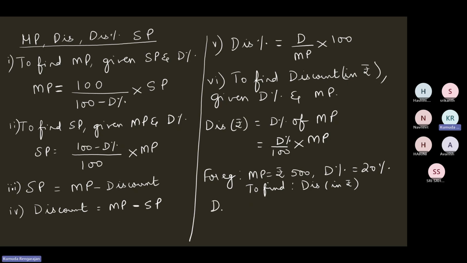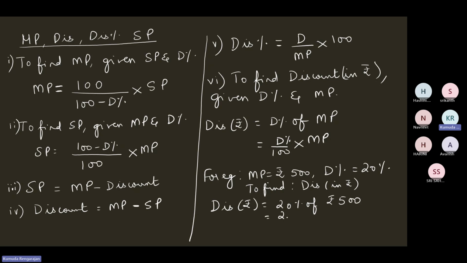So discount in rupees will be 20% of the mark price, 20% of rupees 500. This is how it's calculated. Discount percentage is always applied on the marked price. So how much less am I going to pay? I want to understand that.